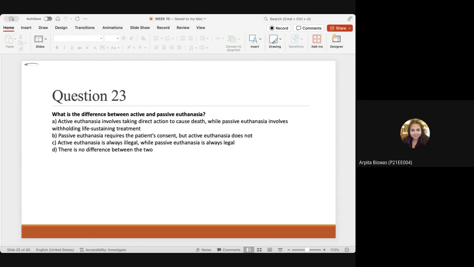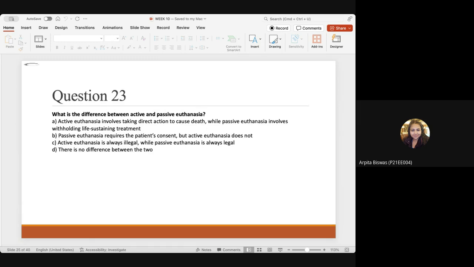What is a difference between active and passive euthanasia? First option is the active euthanasia involves taking direct action to cause death, while passive euthanasia involves withholding life-sustaining treatment.